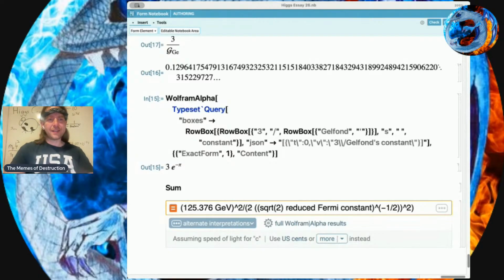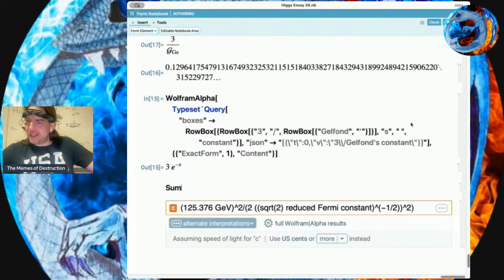The Mathematica notebook math notation. Oh, it should be in the writing assistant, the thing I skipped over. Typesetting. Here we go. All right.